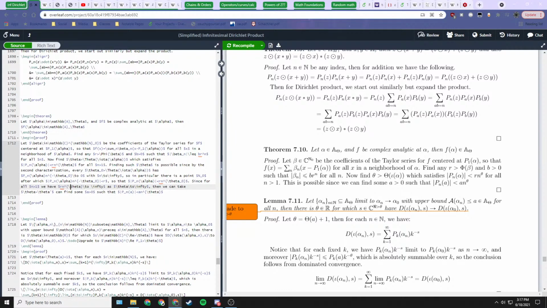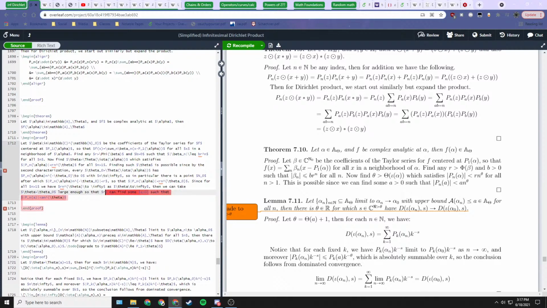Okay, since for all n greater than 1 we have r n to the power theta going to infinity as theta goes to infinity, we can take theta greater than theta 0 large enough so that r n to the power theta is strictly greater than the absolute value of p sub n alpha for the finitely many n less than n0.